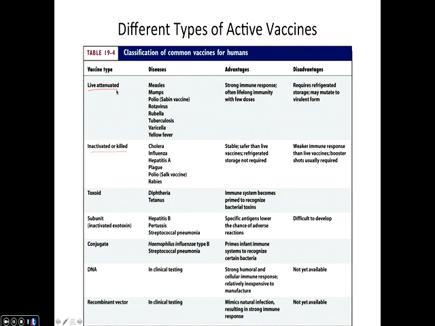So attenuated means, yes, you are getting the actual infectious agent, but it's weakened to a point where your immune system will be able to mount a response and prevent any infections by the actual virus. Now, the benefits of these: the closer you get to the actual infectious agent, the better your immune response and the better the development of memory cells. So you can see those are the advantages.